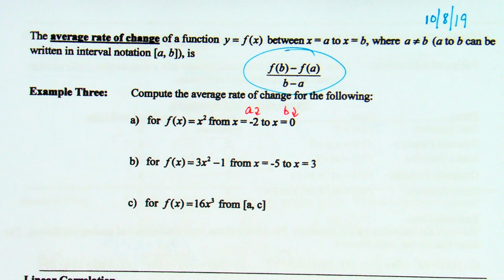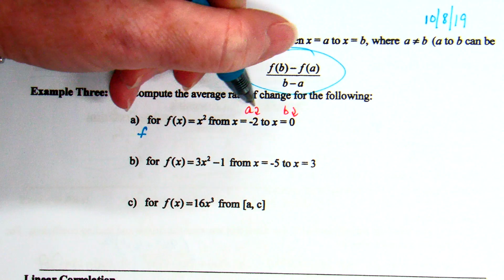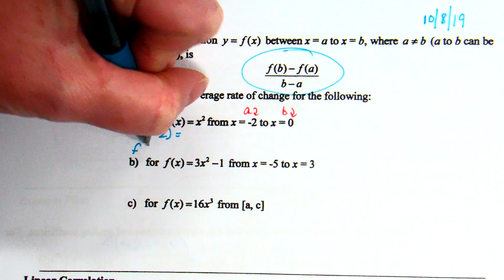So if a is negative 2 and b is 0, then we also need to find f of b and f of a, which means I'm finding f of negative 2 and f of 0.